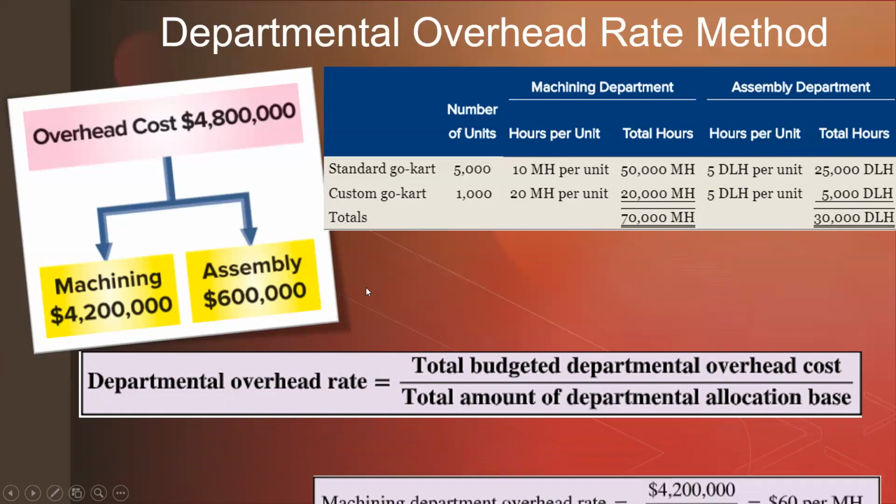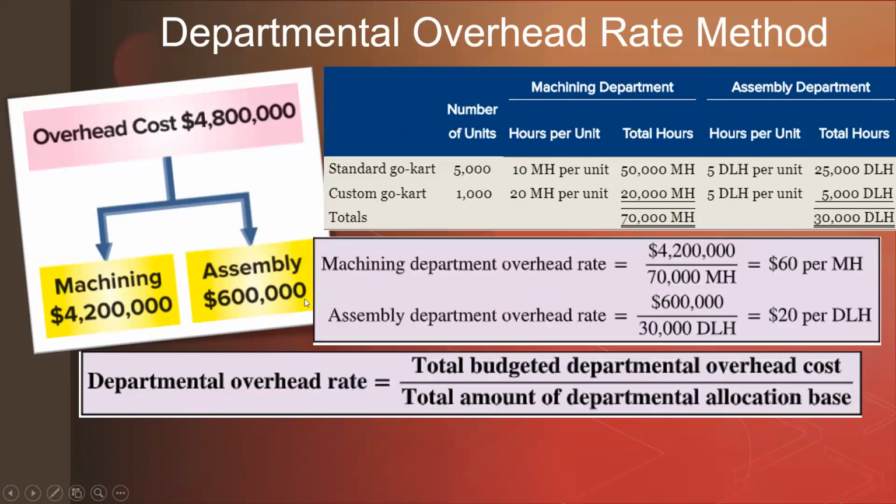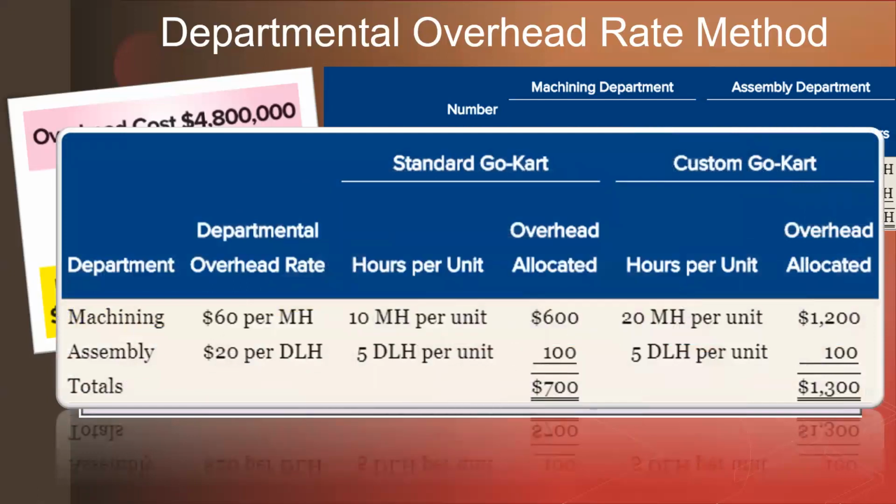For assembly, it would be 600,000 would be our numerator. That's the budgeted overhead cost for that department, divided by the 30,000 direct labor hours. So now we have $60 per machine hour is our rate for machining, and $20 per direct labor hour for assembly.